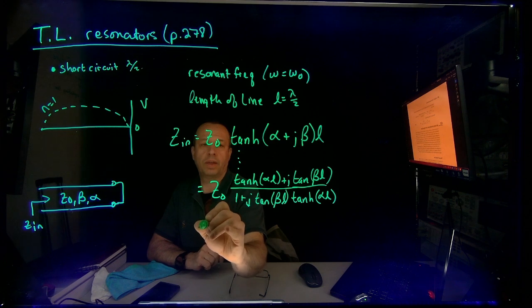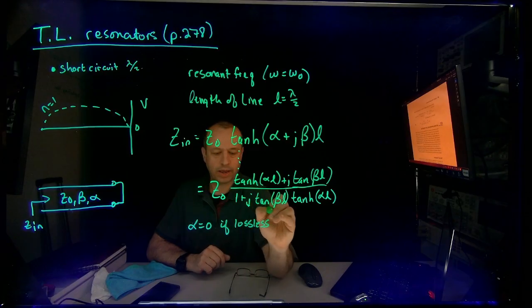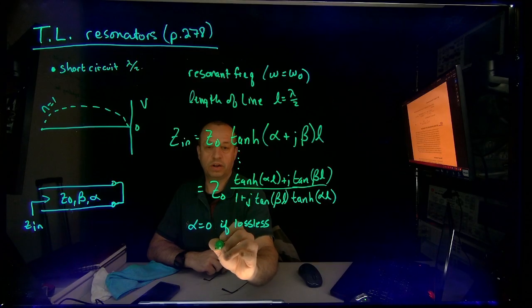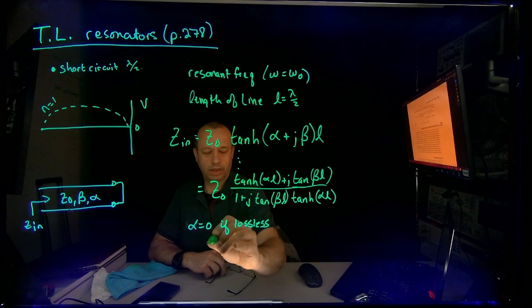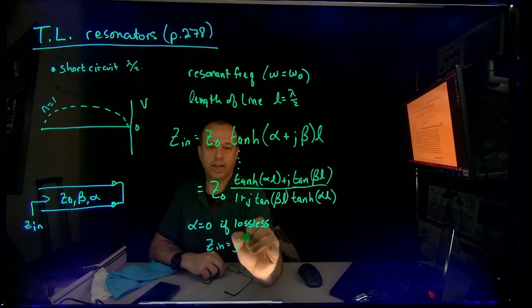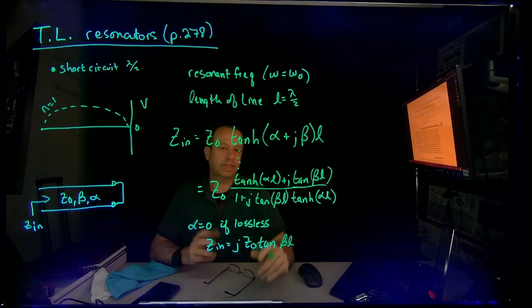Now alpha equals 0 if lossless, and therefore if it's lossless, Zin will equal j times the characteristic impedance times tangent beta L. So that's the lossless case.